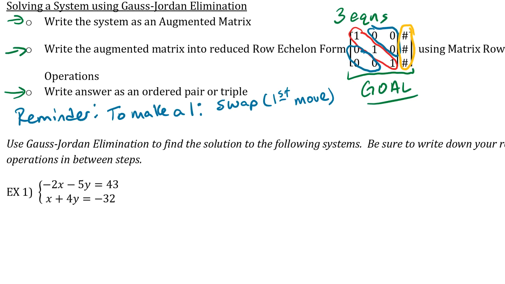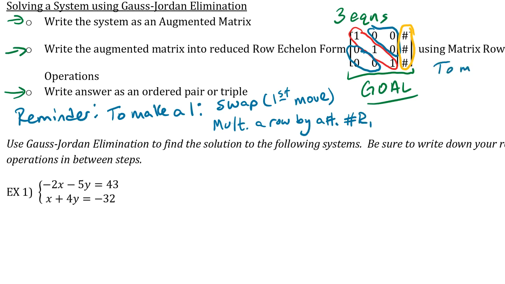So in general, use it for your first move, that way you don't have to worry about that. Well, if we can only use swap for our first move, then the second one that we can use to make a 1 is to multiply a row by a number. So that was the number times the row. So say number times row 1, that's how we can make a 1.